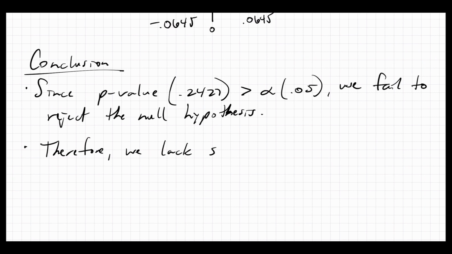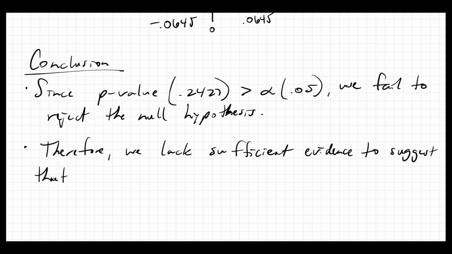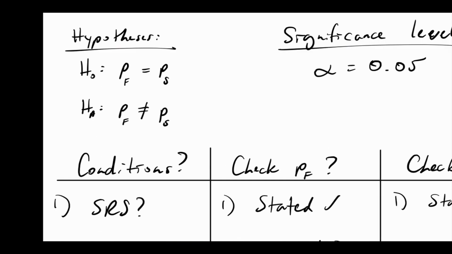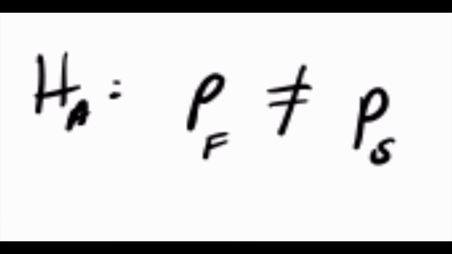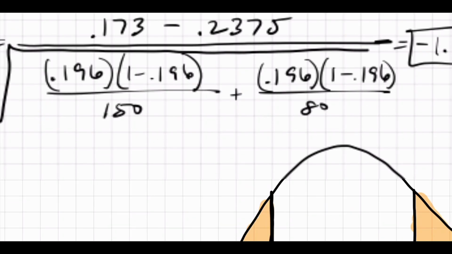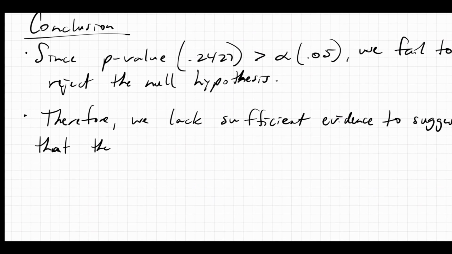So therefore, we lack sufficient or significant evidence to suggest that, and then we're going to go back to the alternative. We're going to put that in words. That the true proportion of freshmen who miss lunch is different than the true proportion of sophomores who miss lunch. Or something along those lines.